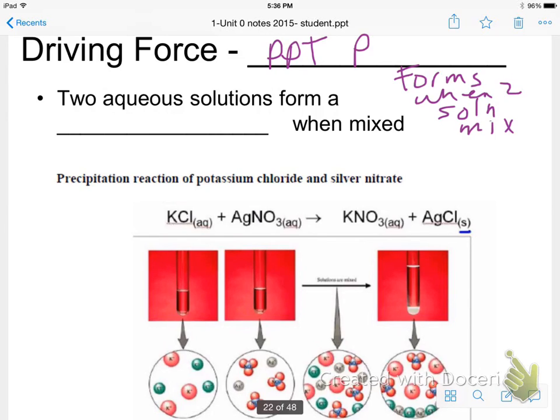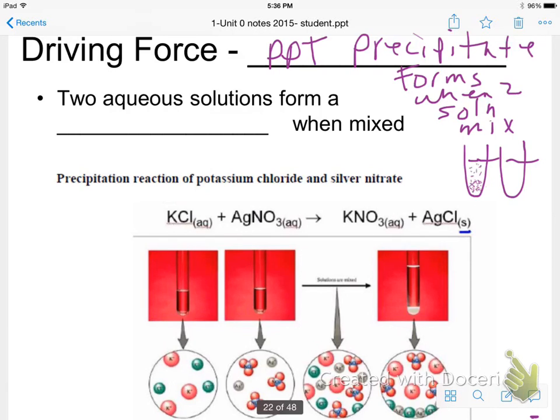It's called a precipitate. And if you watch what happens when you take two test tubes with clear solutions and you mix them together, what you'll actually see is it starts off looking cloudy, and then that cloud will start to settle on the bottom, and eventually you'll end up with solid stuff on the bottom.